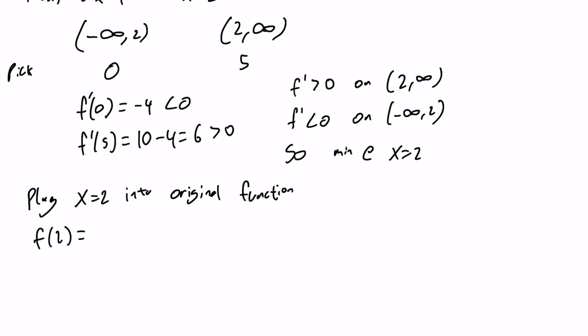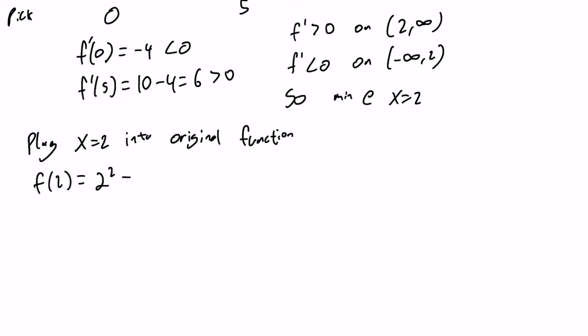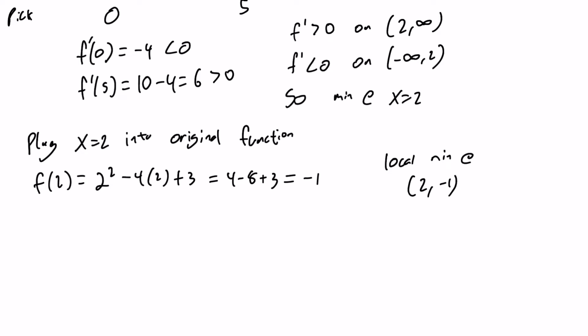We find that f of 2 is 2 squared minus 4 times 2 plus 3. So this is 4 minus 8 plus 3. This is minus 1. So we have a local min at the point (2, minus 1). So that's one of our transition points.